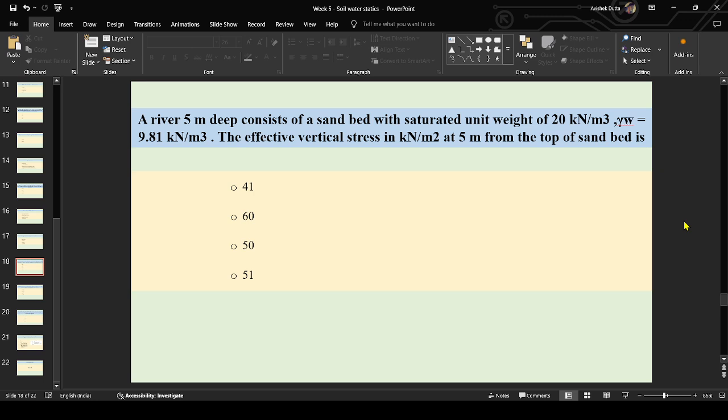The effective vertical stress in kilonewton per meter square at 5 meter from the top of sand bed. Options are 41, 60, 50 or 51.